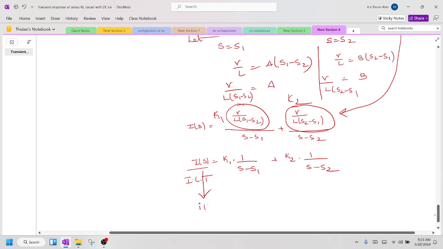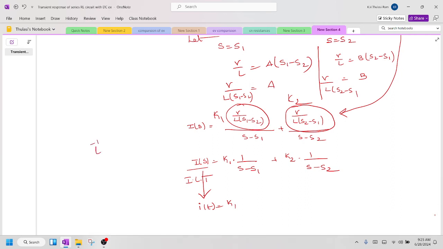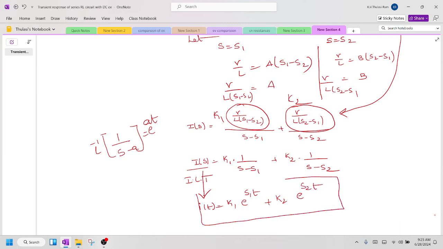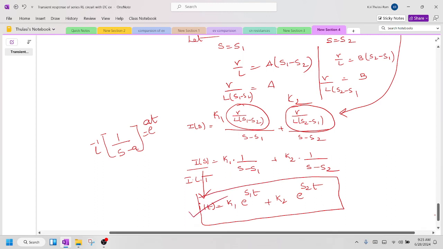Therefore, you are going to get I of t equal to K1 times the inverse Laplace of 1 by S minus A, which is e to the power at. So here we get e to the power S1 t plus K2 e to the power S2 t. So this is the expression of I of t.